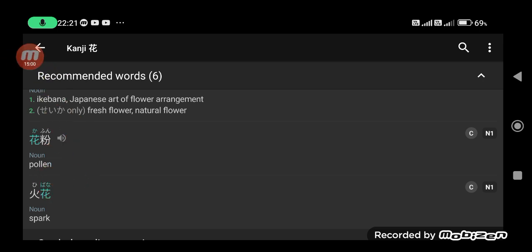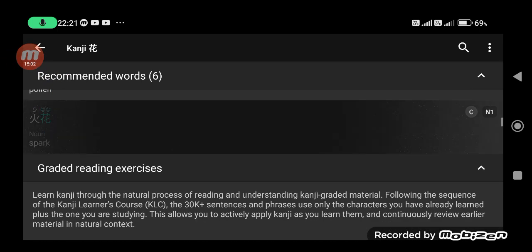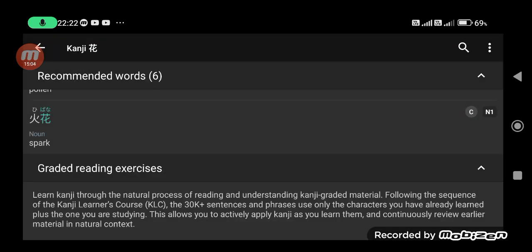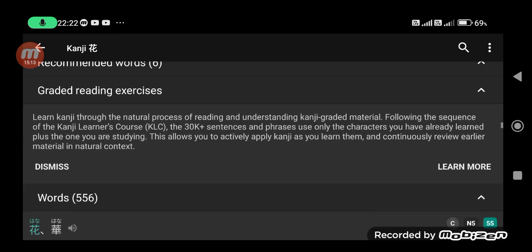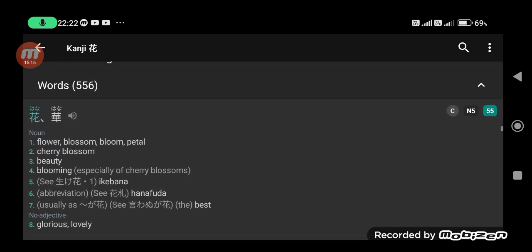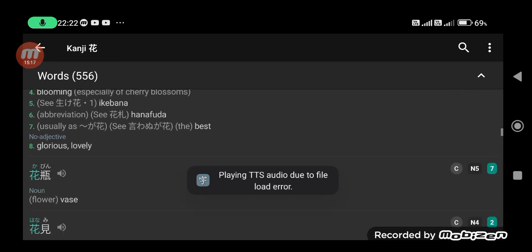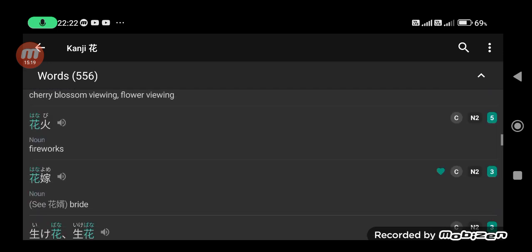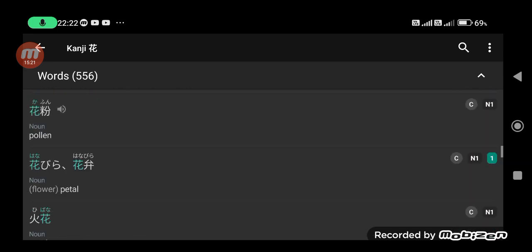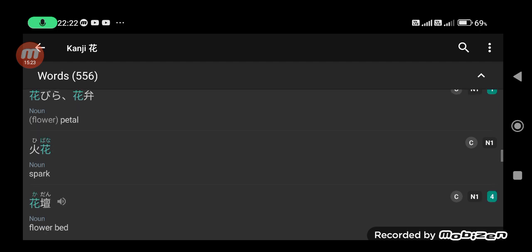Kafun is pollen. How about this? 火花, hibana. Hibana is spark, probably because the spark looks like a flower. 花, hana, flower. Okay, so we go now to some sentences, minasan, in the interest of time.